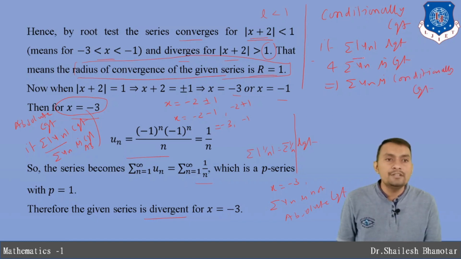Here, the absolute series is divergent, but the series u_n itself, that is the series 1/n, is also divergent, and hence this one is neither absolutely nor conditionally convergent.